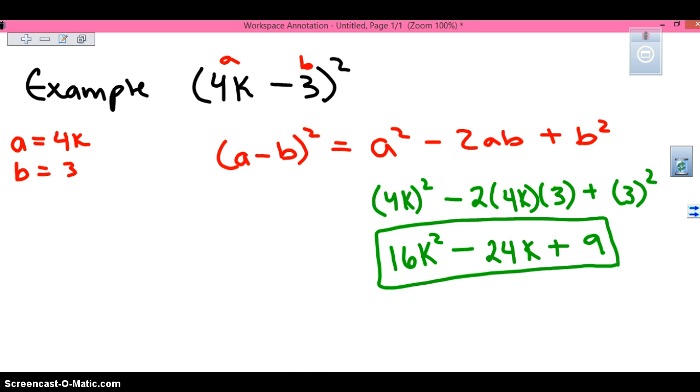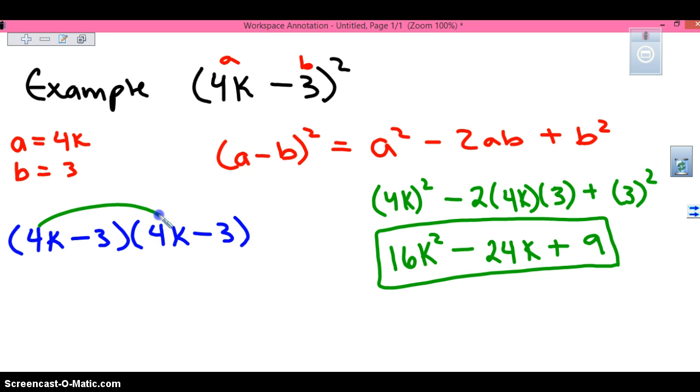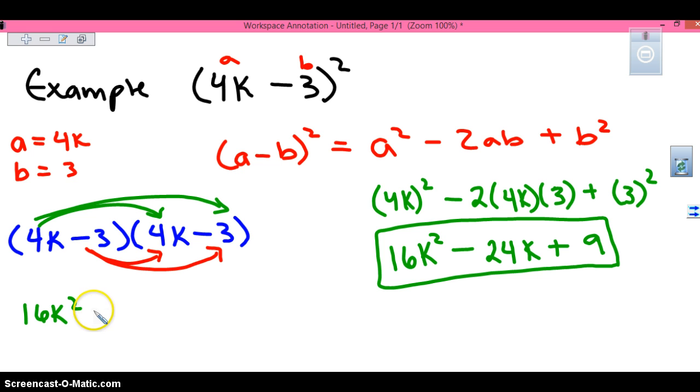What if we work out the same problem using the FOIL or the distributive property? We'll distribute 4k to 4k and 3. Distribute negative 3 to 4k and negative 3 to negative 3. So 4k times 4k is 16k squared. 4k times negative 3 is negative 12k.